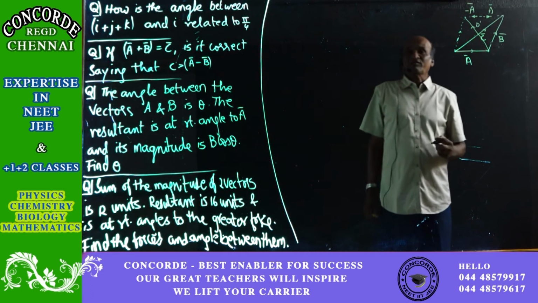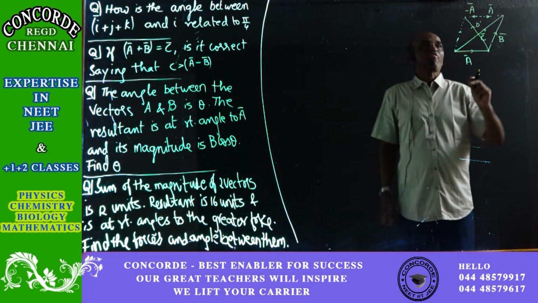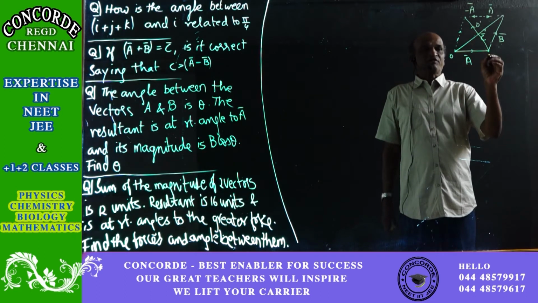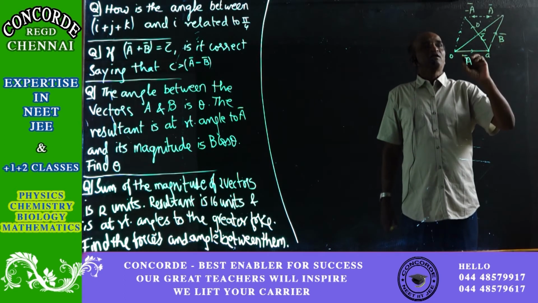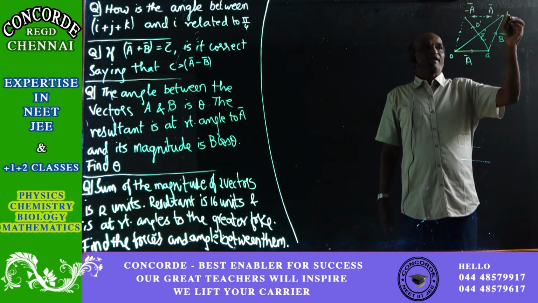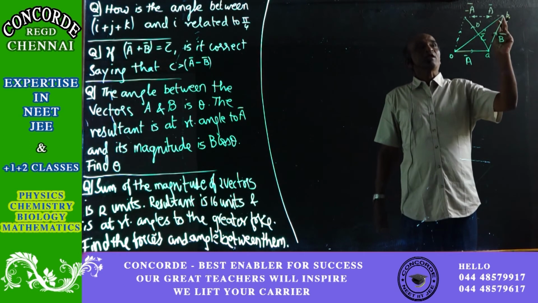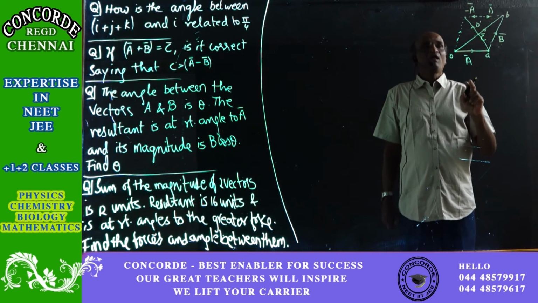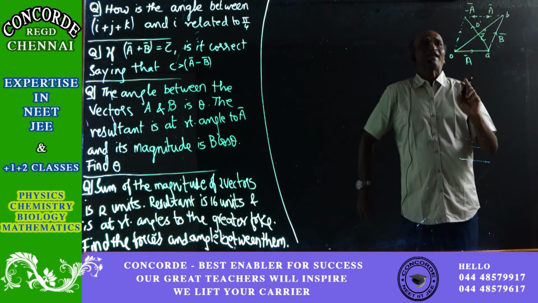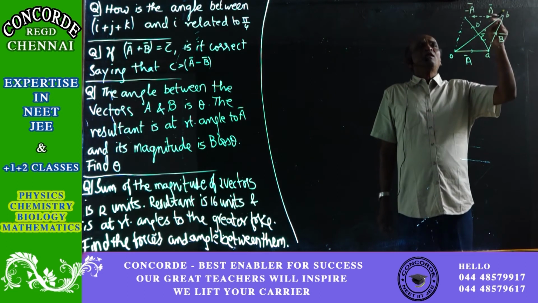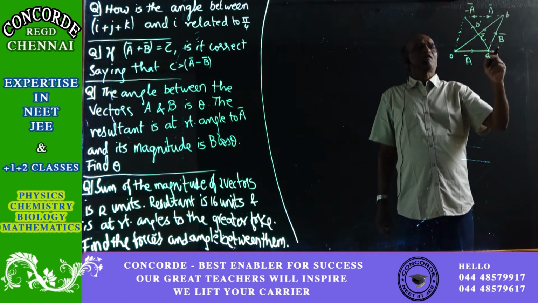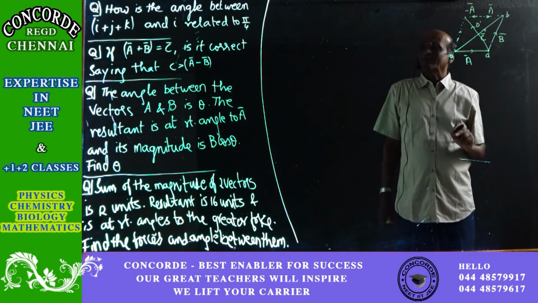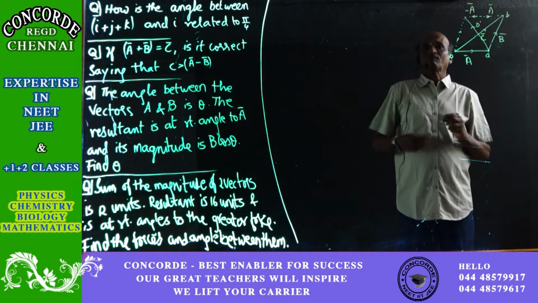Now, what you can see is that if A bar is given by OA, and B bar is given by AB, then OB, which is of longer length, is telling us that minus A bar and B bar, when joined to get the resultant, will be of shorter length.